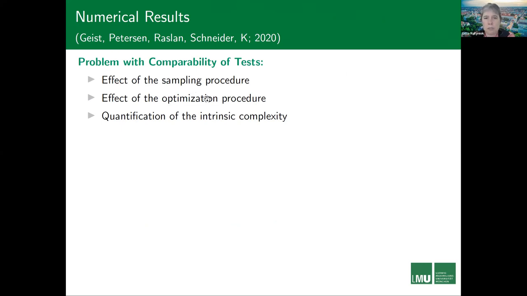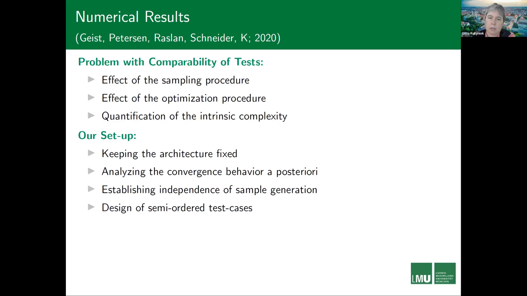Problems with this are always that you might sample differently, and it's hard to compare. The optimization procedure might kick in, and people might use different optimization procedures in different ways, and that also makes comparability of tests difficult.